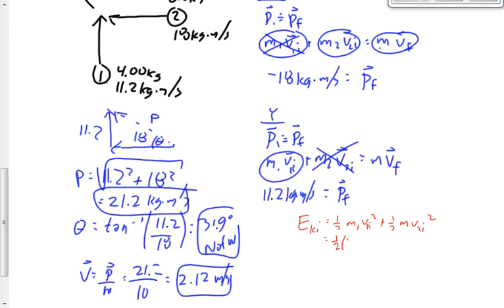1/2 of mass 1 is 4 kilograms. We also need V1I, which we do not have. We're going to solve for V using momentum over the mass. 11.2 over 4. What does that equal? 2.8? 2.8 squared plus 1/2 of m2, which is 6 kilograms, times V2I, which is 18 over 6, or 3 meters per second.